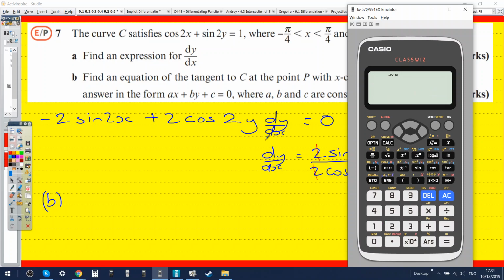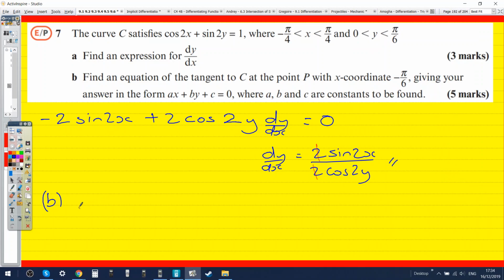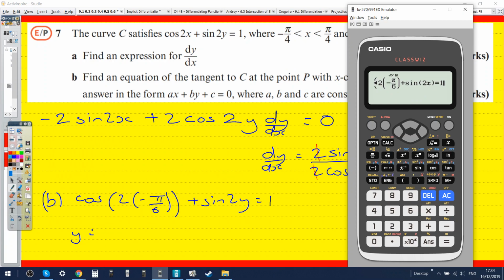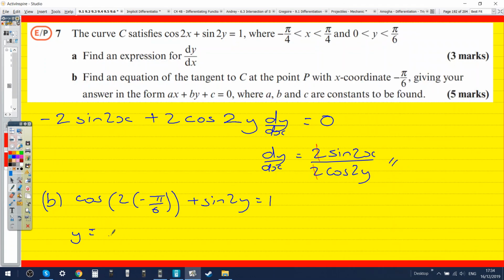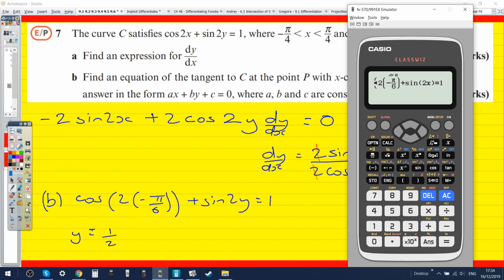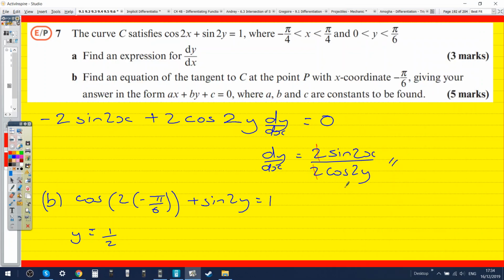So the y coordinate's a half, I think. Then you have sine 2 times... So the gradient of the tangent is minus 1.6, apparently.